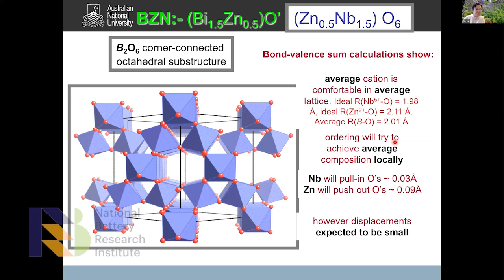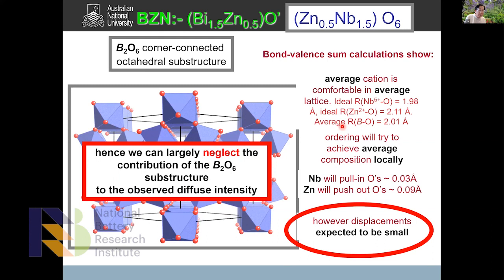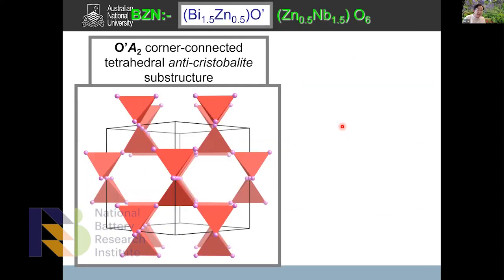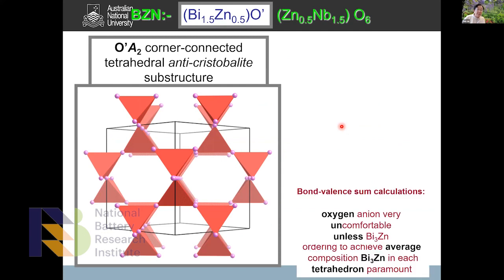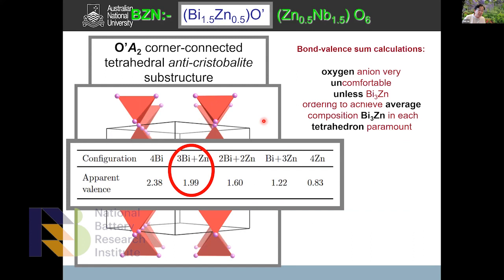Okay, but if you look at the tetrahedral network, it tells quite a different story. First of all, because it's based on composition, each tetrahedron has to have 3 bismuth and 1 zinc. Otherwise, it will be difficult to make, because for the A side cation you need oxidation states closer to 2. Then you will find that we need a chemical ordering in this case.